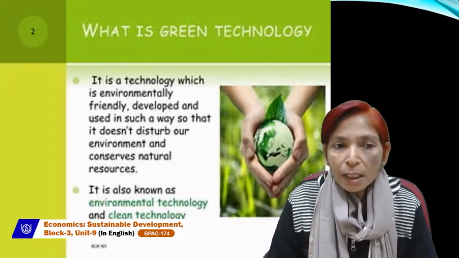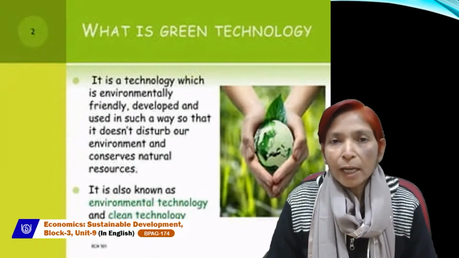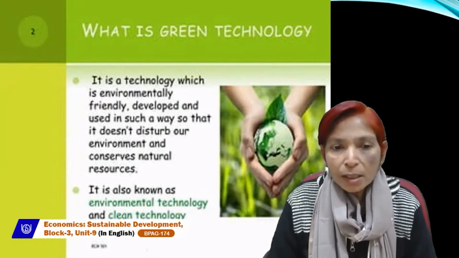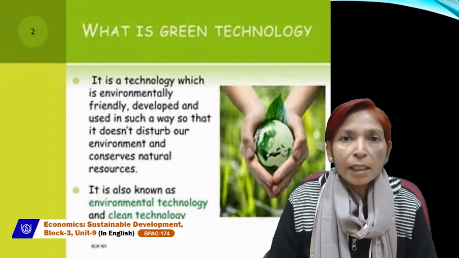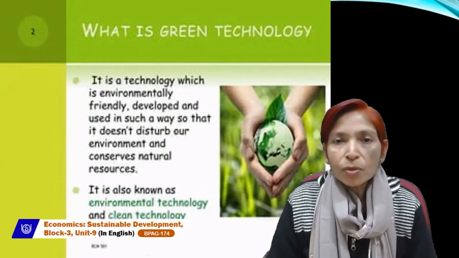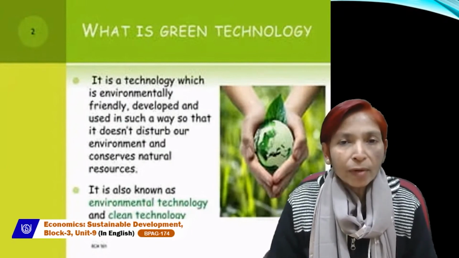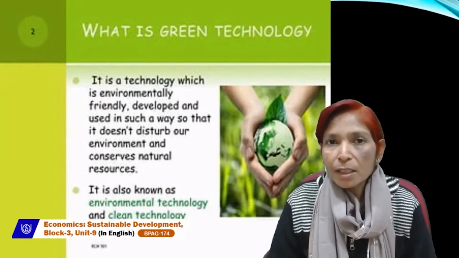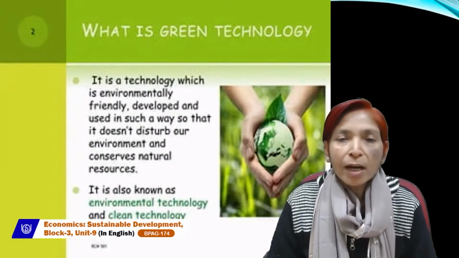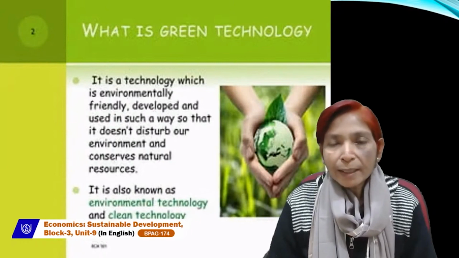So it's called environment friendly technology, and it uses mainly renewable natural resources, and it innovates new sources of energy so that the environment can be protected.